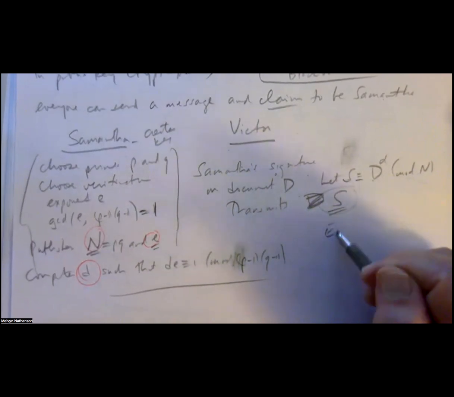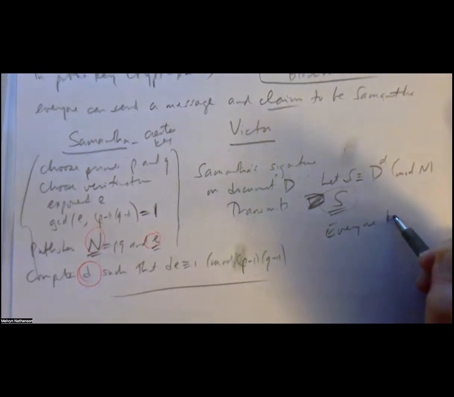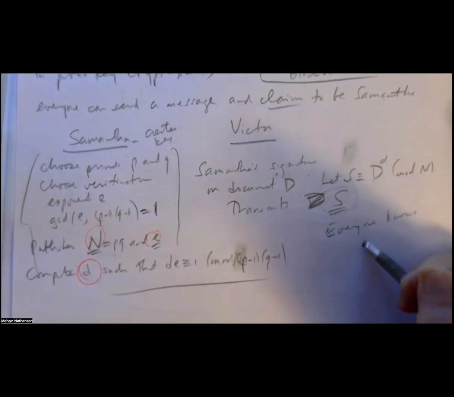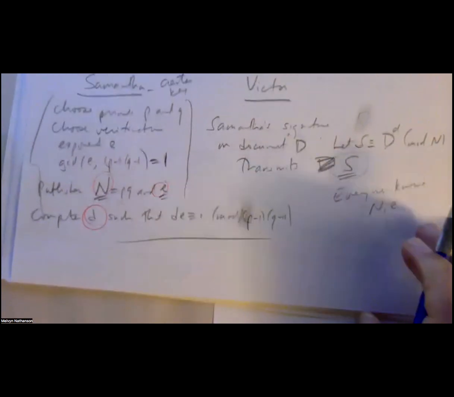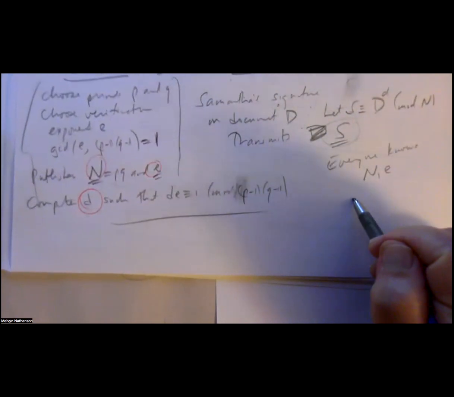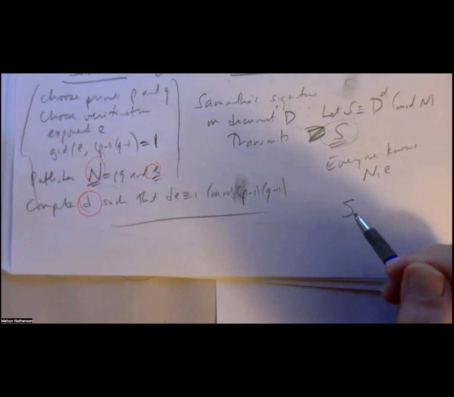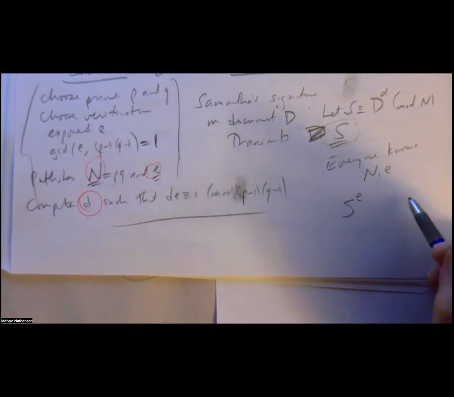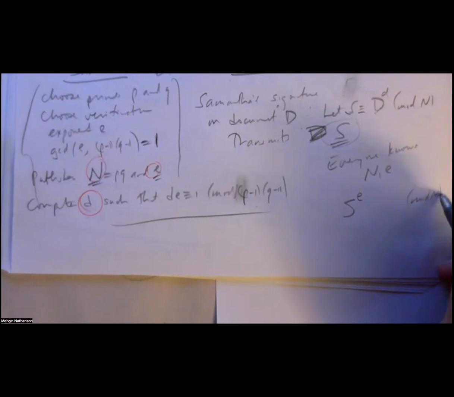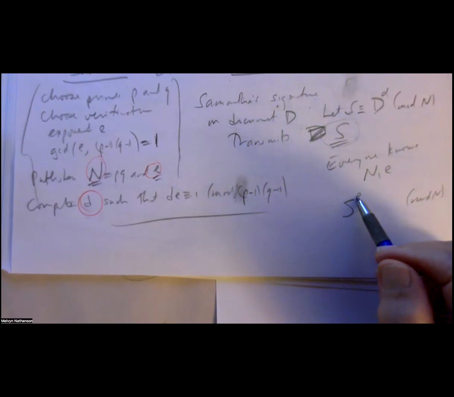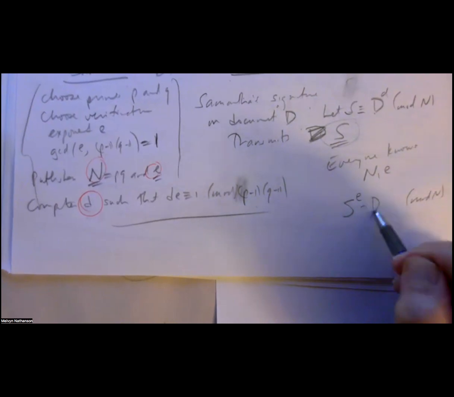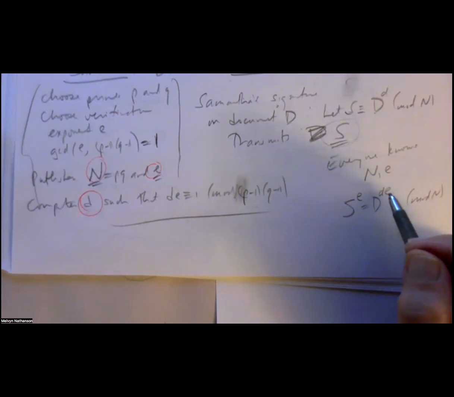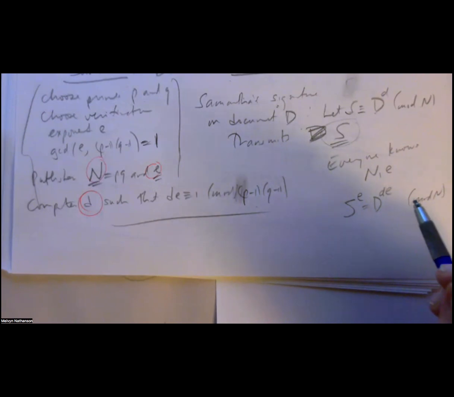Now, everyone knows N and E. So everyone can take S and raise it to the power E mod N. And S to the power E is the document to the D to the power E, or the document to the D times E. But DE is 1 mod (P minus 1)(Q minus 1).